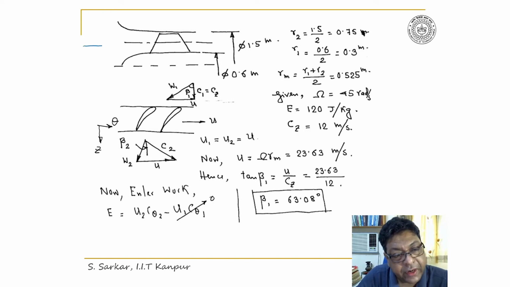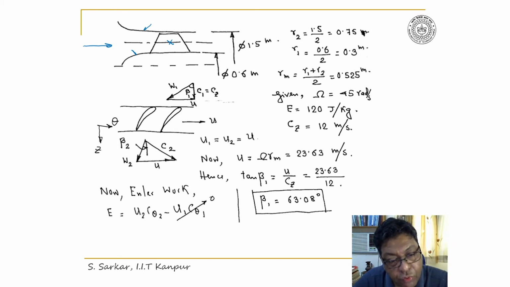I have drawn here the schematic of the axial flow pump where the hub, casing, and impeller have been indicated.